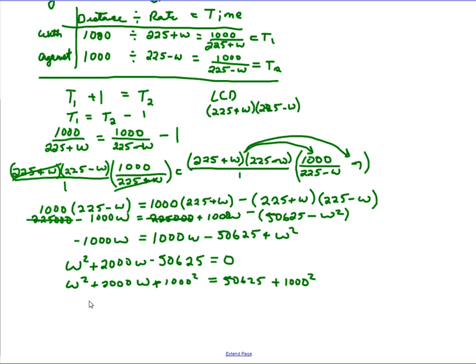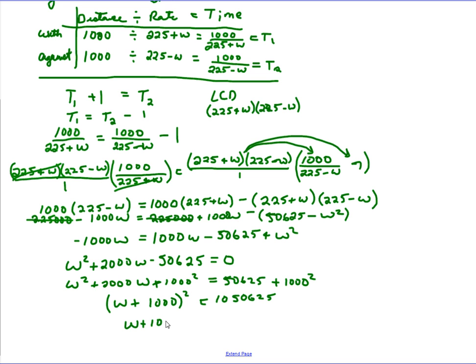But on the left-hand side, when we had our 2,000W added to both sides, we get W plus 1,000 squared. And on the right, if we work this out, 1,000,000 plus 50,625 is 1,050,625. So in order to isolate W, we're going to take the square root of both sides.